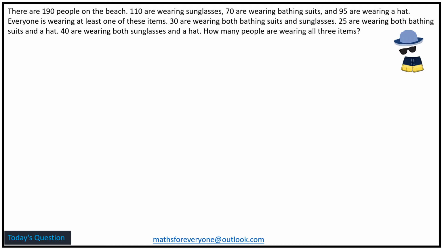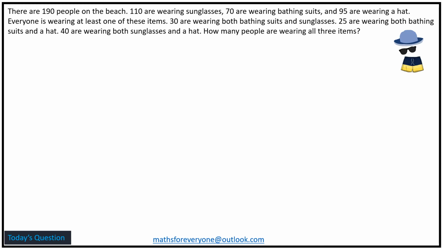So if we do a Venn diagram, with one circle showing sunglasses, one for suits and one for hat, then the common parts between them would show us the number of people wearing two of those items, and the center part would show the number of people wearing three of those items.